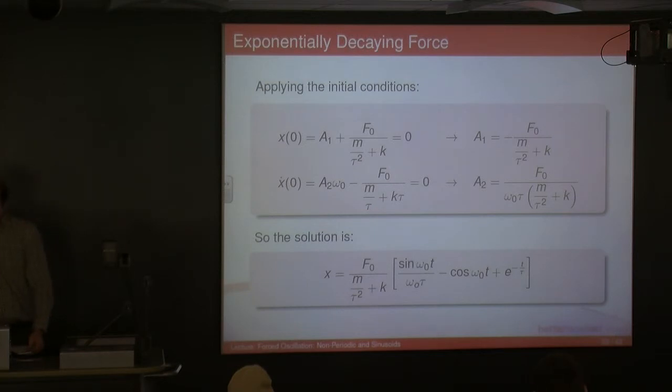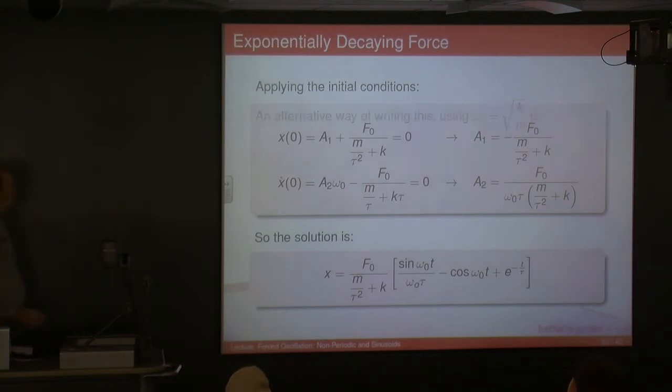For the damped options, I've not given you the initial conditions, or the equation where there's 0 initial conditions. But you can work them out. You just apply the initial conditions and find out what A1 and A2 are. So that's on your equation sheet.